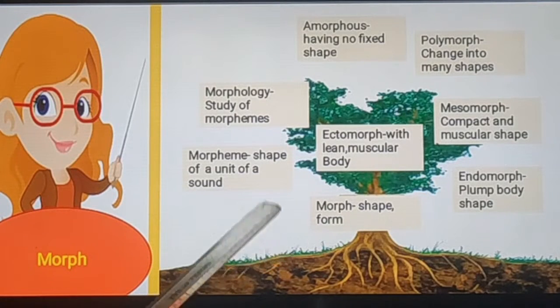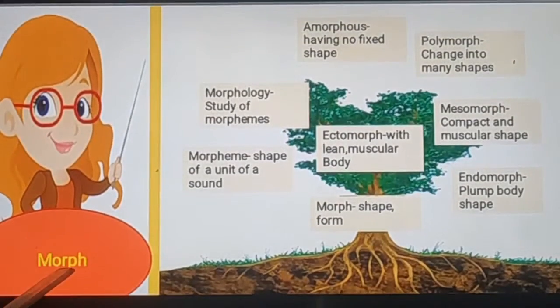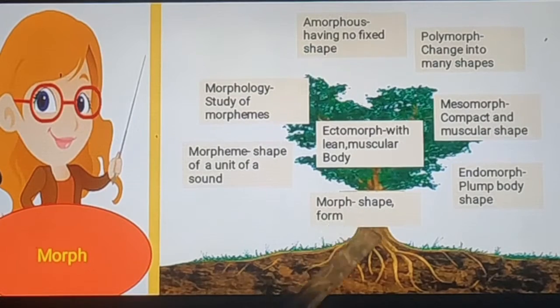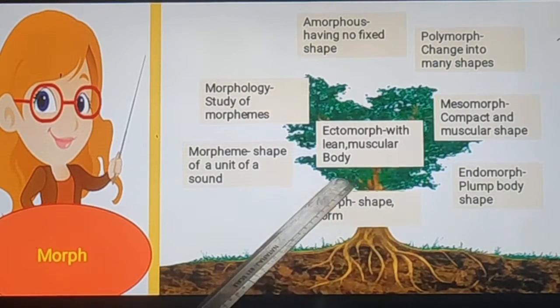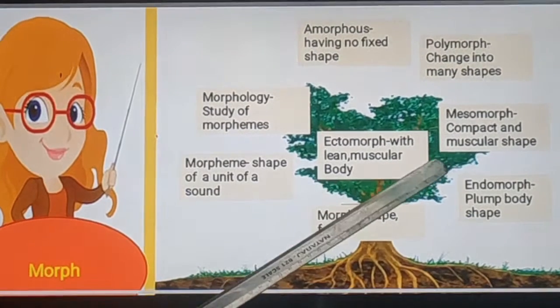Now next is the fourth one. The fourth one is morph. Morph is the root word. Here, look at the background image, a tree picture. Are you understood?